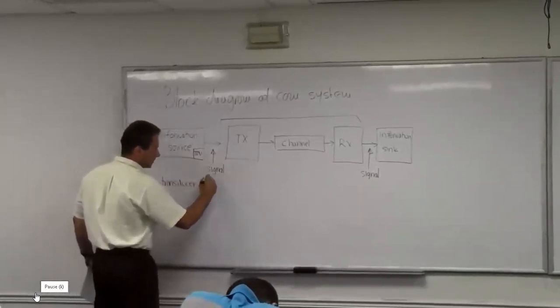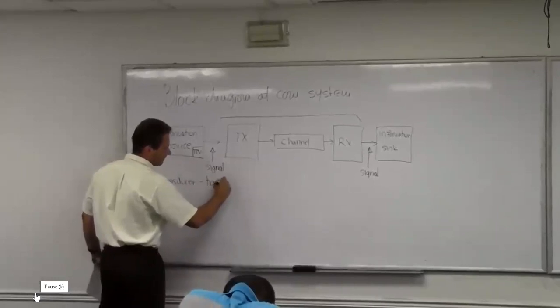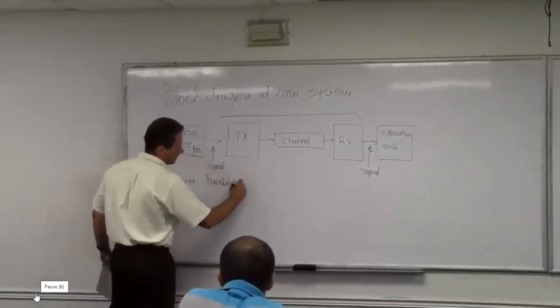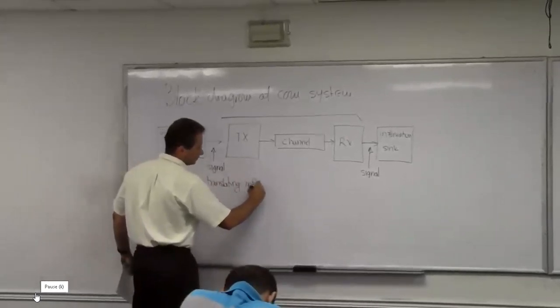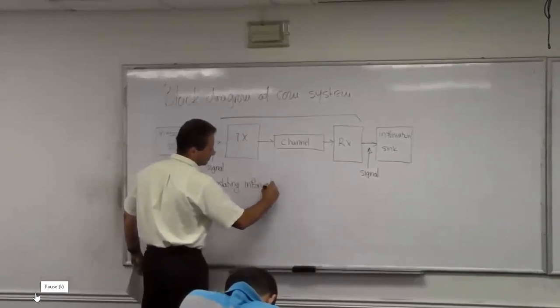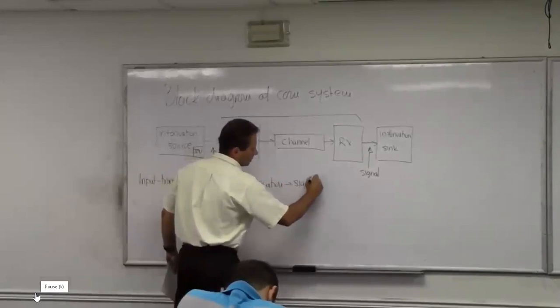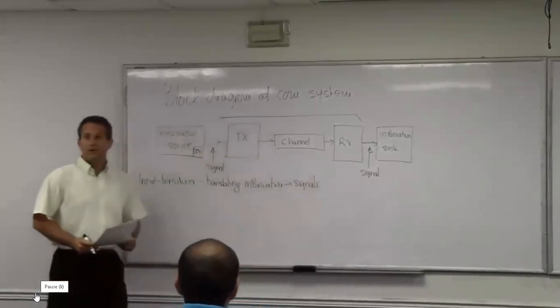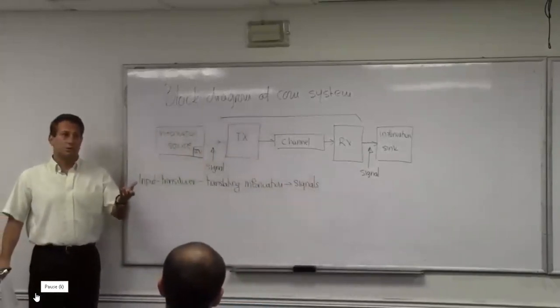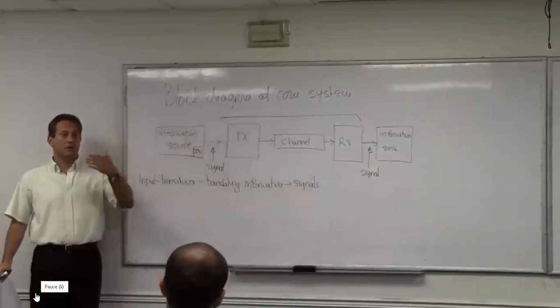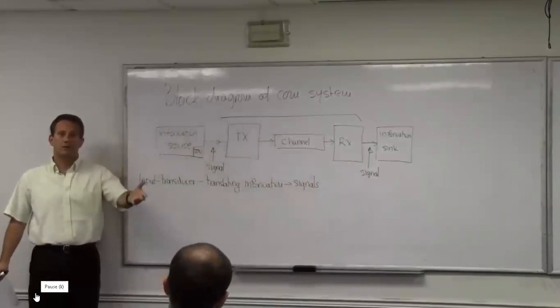that is responsible for translating signals. What are some typical examples of the input transducer? Your microphone, right? Microphone takes the acoustic wave and makes it a voltage.